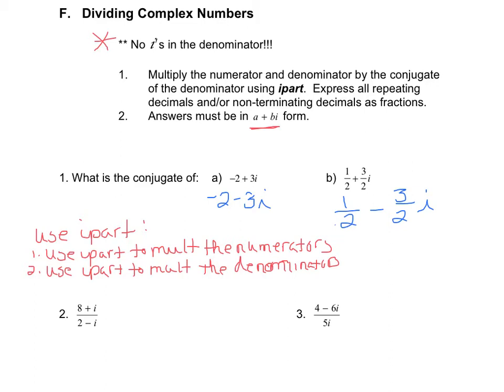Let's make that a better word too. Getting a little sloppy here today. And then the last step is you're going to simplify if you possibly can. All right, with that being said, let's go on.